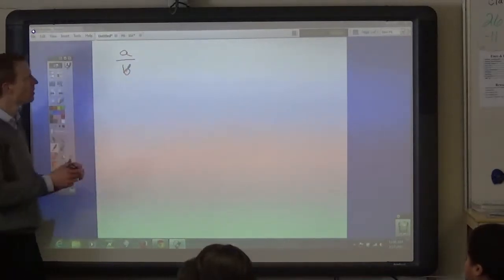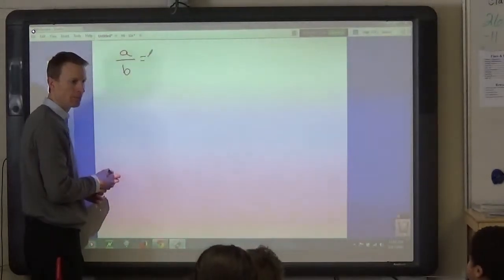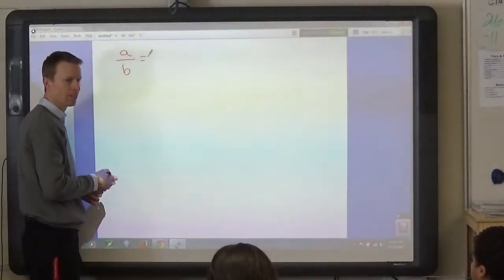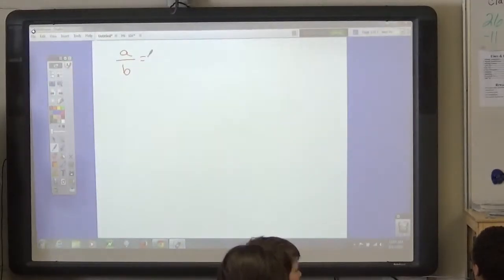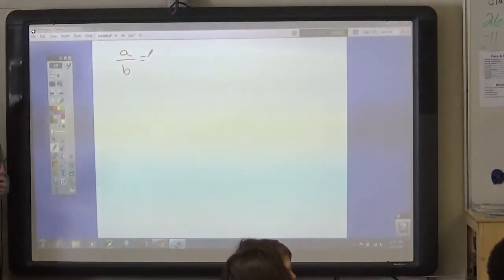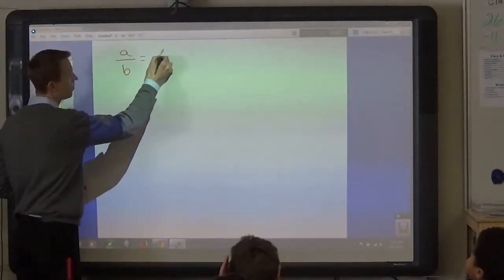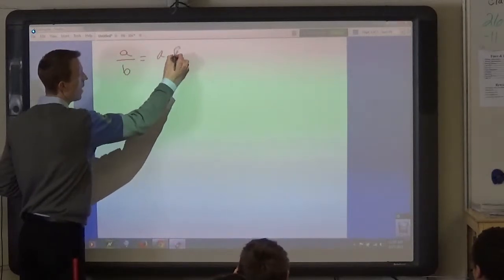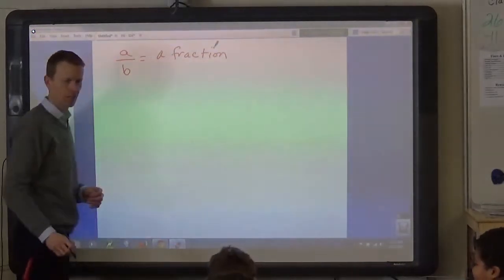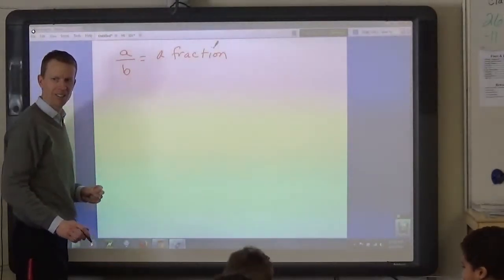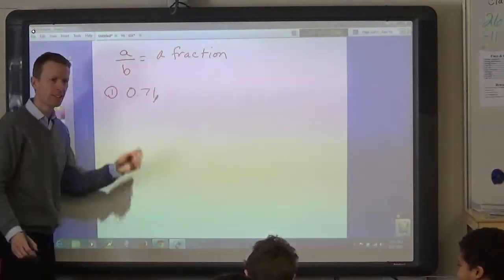So what it means is write the number in fraction form, A over B. The first one. How would you write 71 hundredths as a fraction?